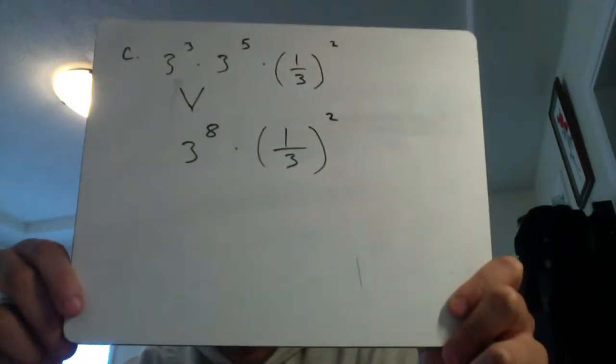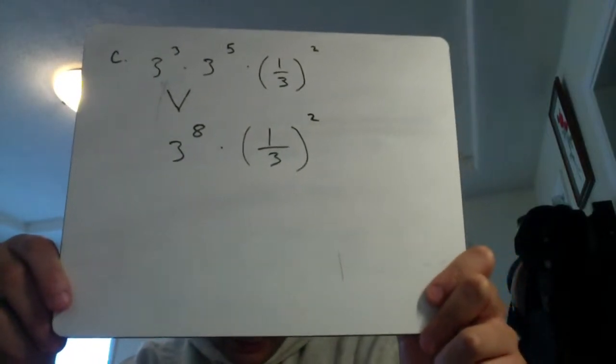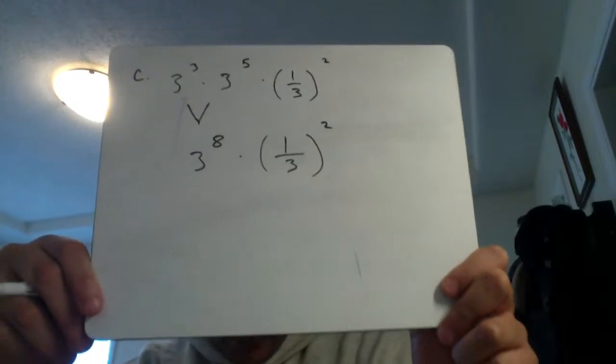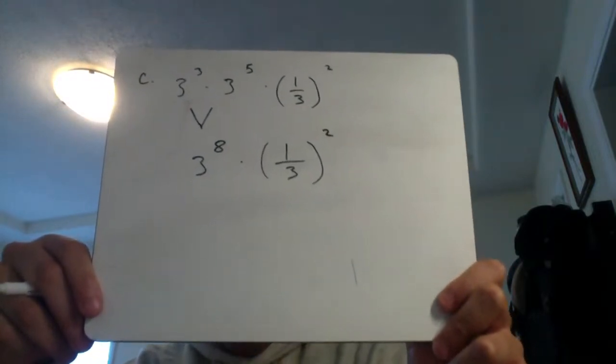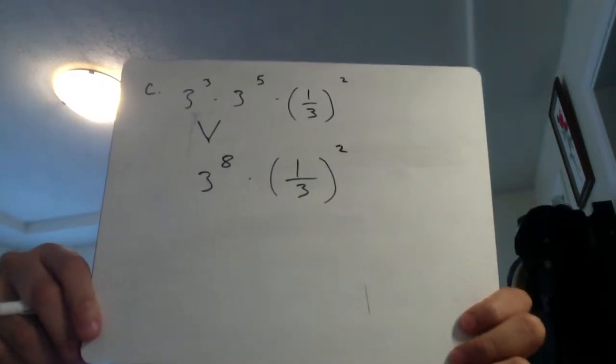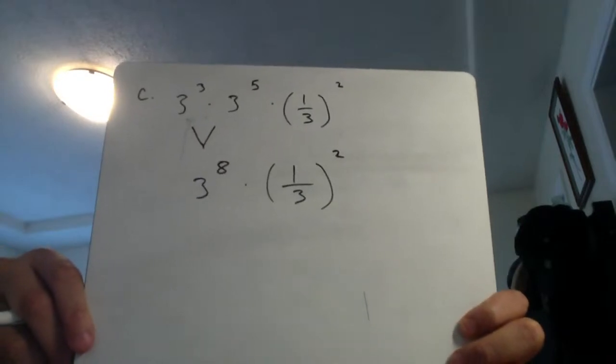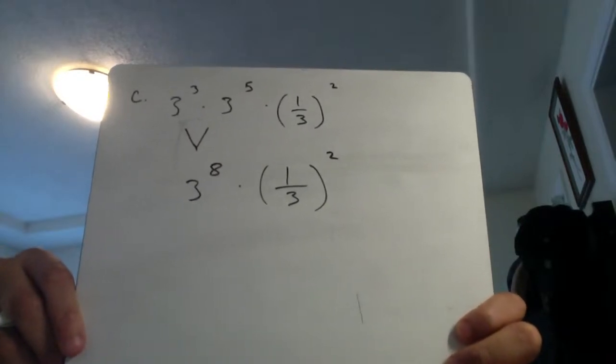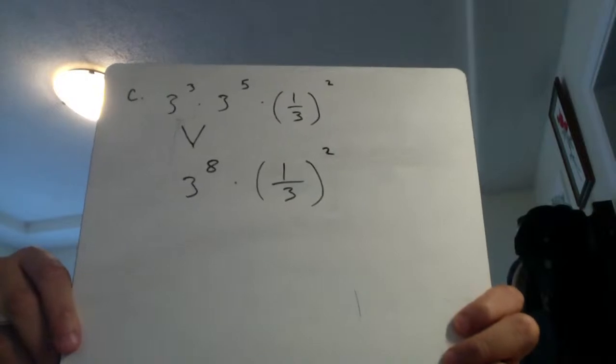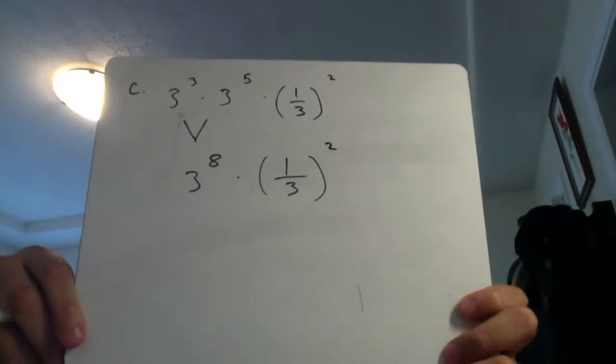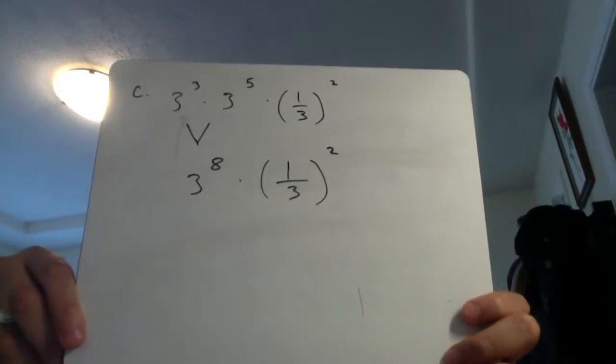So now we have to look at this fraction, right? We have 1/3 inside the parentheses raised to the second power. Well, remember what we said about the parentheses. Everything inside the parentheses receives that exponent.